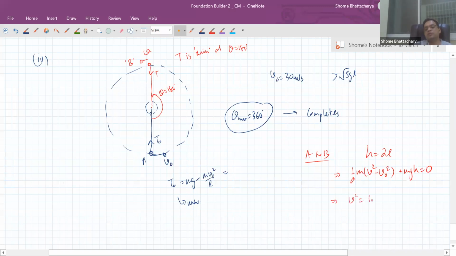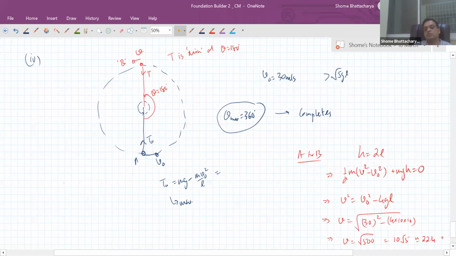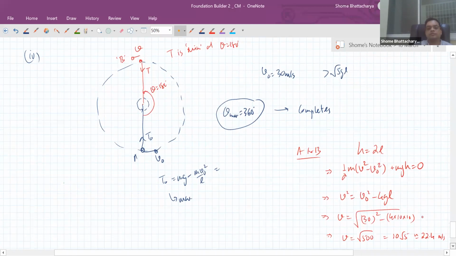So v square will be v naught square minus 4gL when you substitute this. So v will be square root of 900 minus 400. So v at that highest point will become square root of 500, or 10 root 5, or nearly 22.4 meters per second.